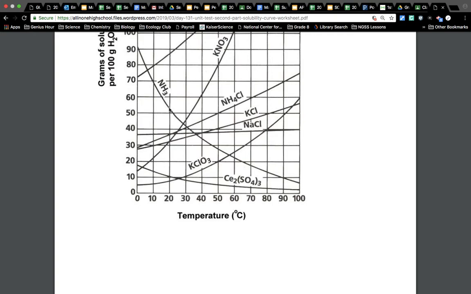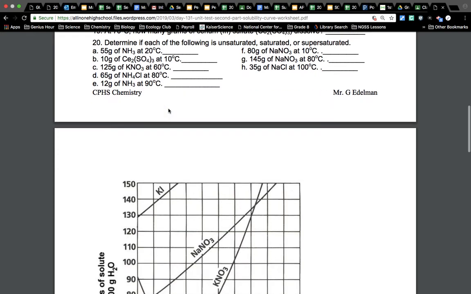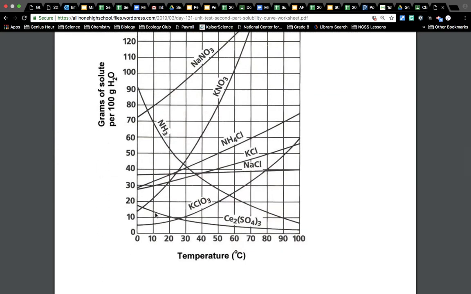It looks like that's either right at 55 grams or a bit below. So I'd say maybe you're good with saying it's saturated. 10 grams of cesium at 10 degrees. So we've got 10 grams, so it can still hold more. So that one is unsaturated.